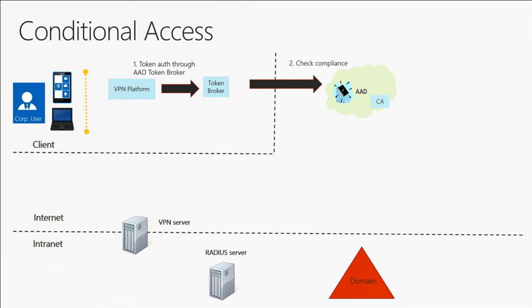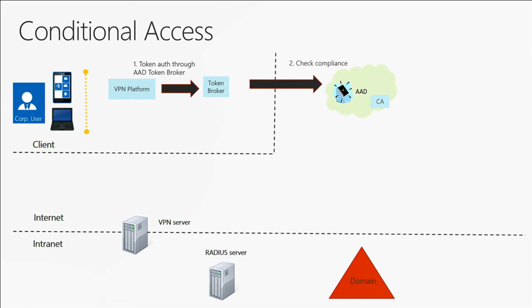If the device doesn't have the MFA claim, it will cause the VPN platform to go through an AAD MFA flow for MFA to happen. So this is directly tied to the MFA. If you've already gotten an MFA claim by logging in via Windows Hello for Business or any of the other MFA methods, you were able to just authenticate cleanly to AAD.